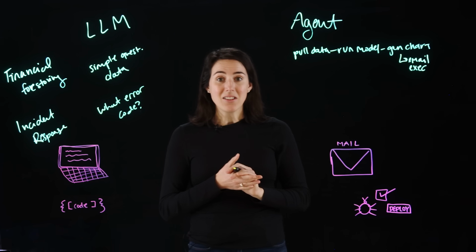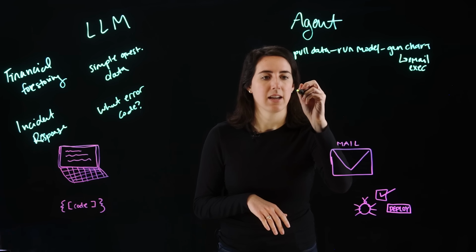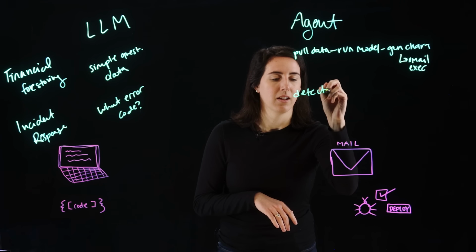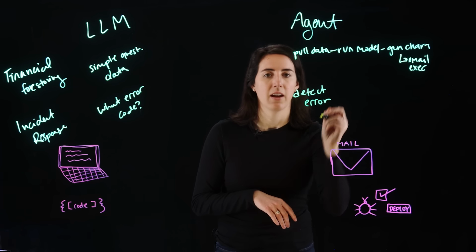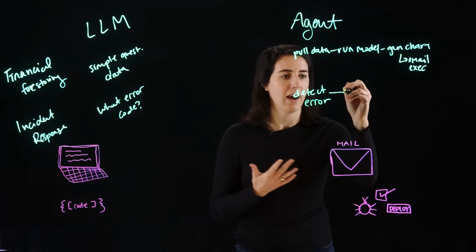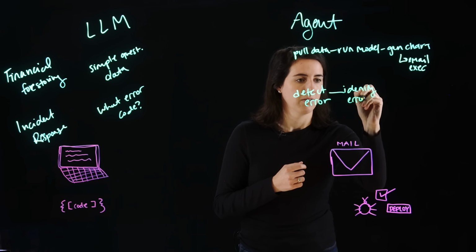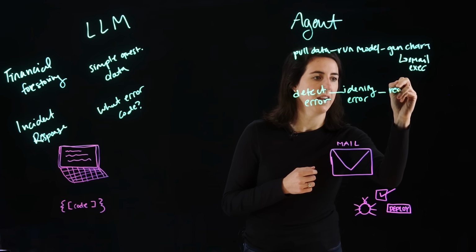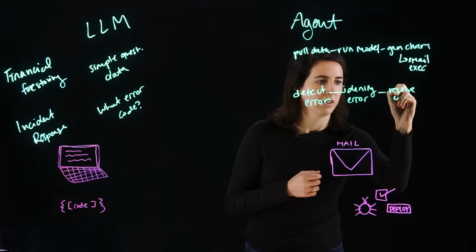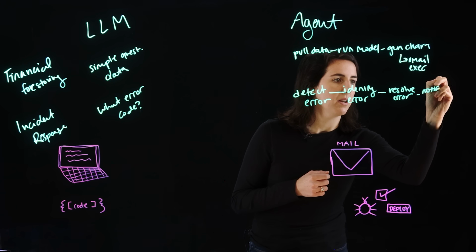Now for an AI agent use case, we might want to do something more complex, like detecting an error and actually identifying why that error occurred. We're going to resolve the error. And we're going to notify an ops team.